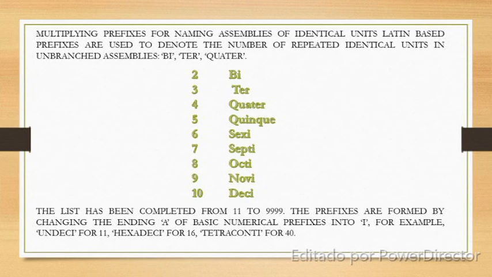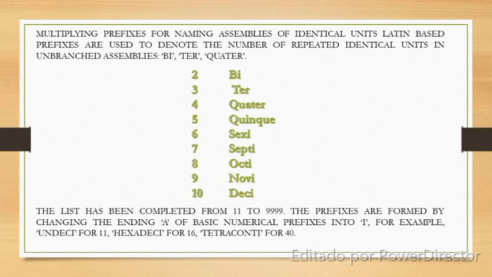Multiplying prefixes for naming assemblies of identical units. Leading phase prefixes are used to denote the number of repeated identical units in these assemblies: 2 bis, 3 tris, 4 tetrakis, 5 pentakis, 6 hexakis, 7 heptakis, 8 octakis, 9 nonakis, 10 decakis.